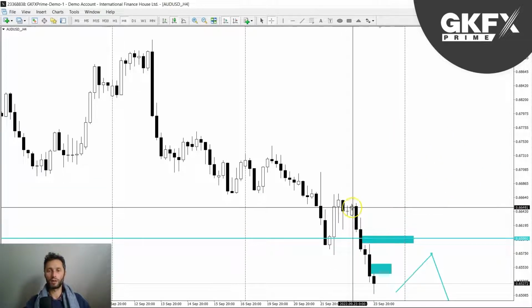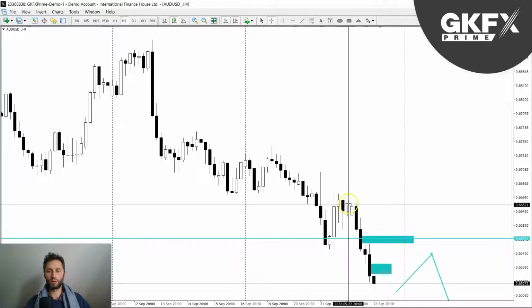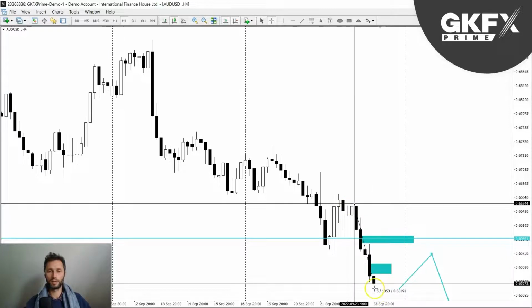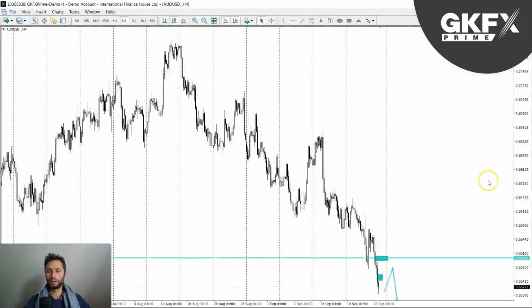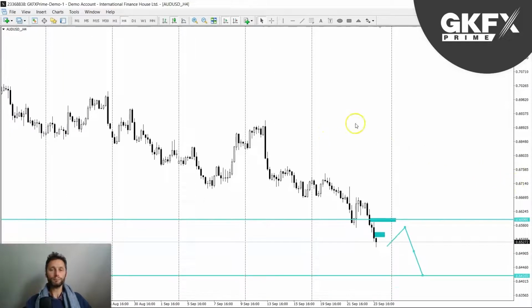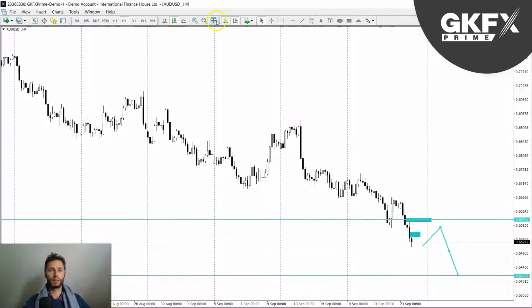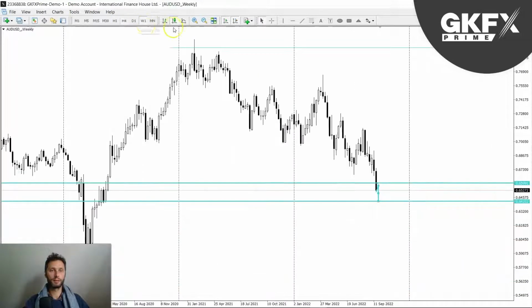So far, from the high, we've swung quite a bit, so we now need to get a better price and revert back to a fairer value, let's say, to get a better entry. Okay, so that is the Aussie dollar.